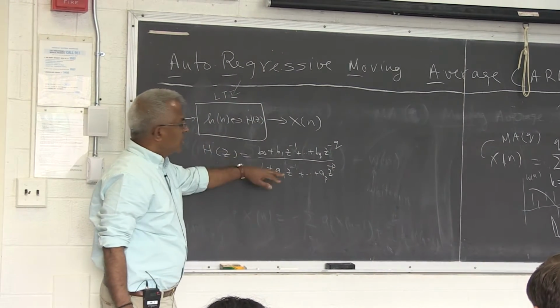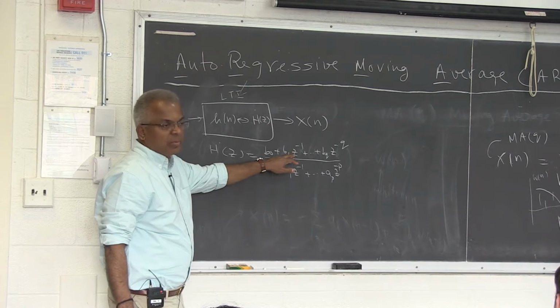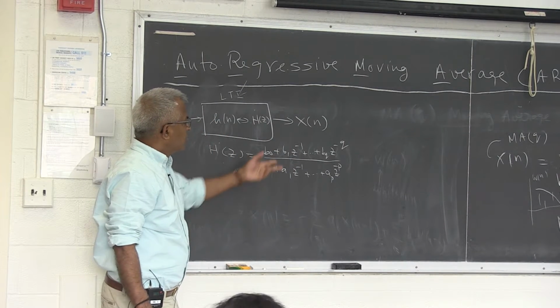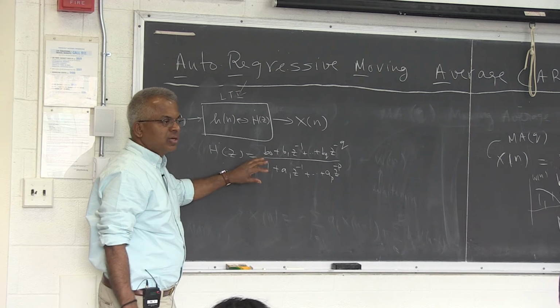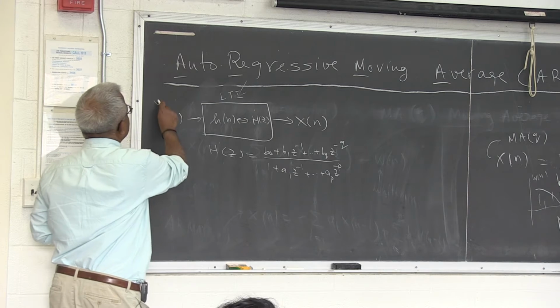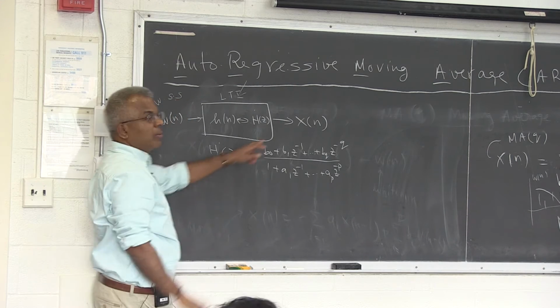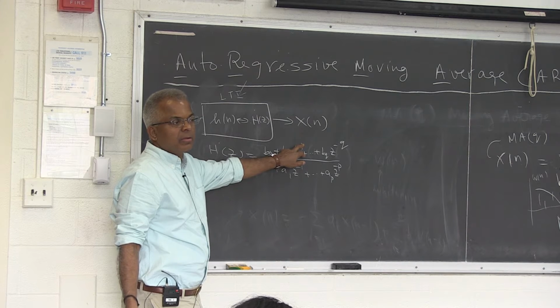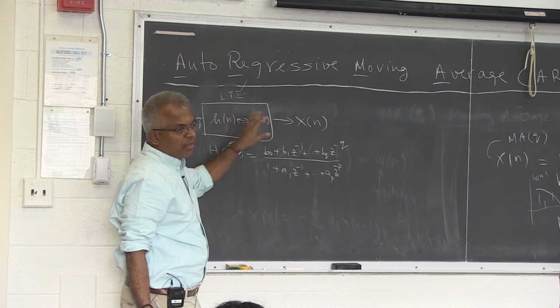Look at this. This is the ratio of two polynomials in the variable z inverse, which represents 1 unit of delay. So this is a rational transfer function. So now what is the answer? If Wn is stationary, what about x of n? Anybody? Yeah, because it's a linear time invariant system.